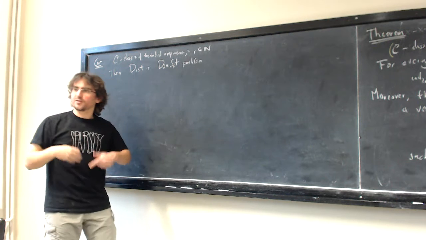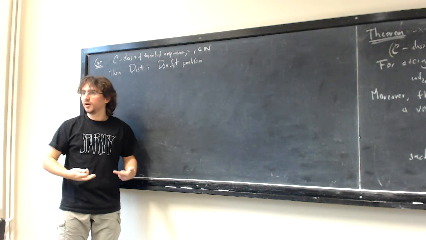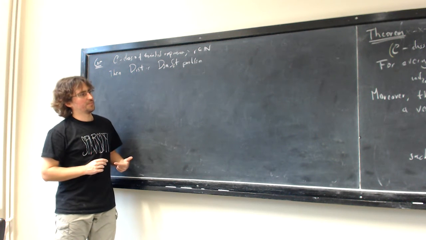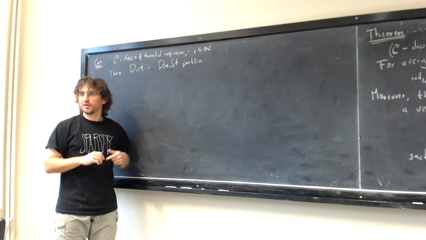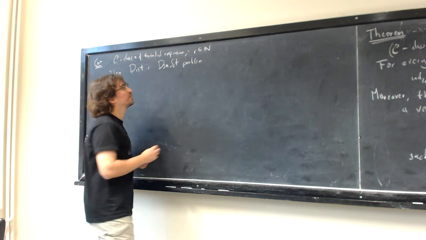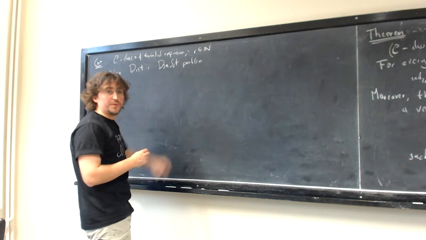You are given a graph and you would like to output as small a distance R dominating set in this graph as possible. Yeah, so this is an optimization problem, a minimization problem.